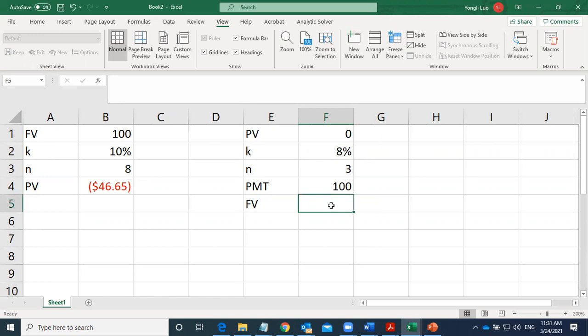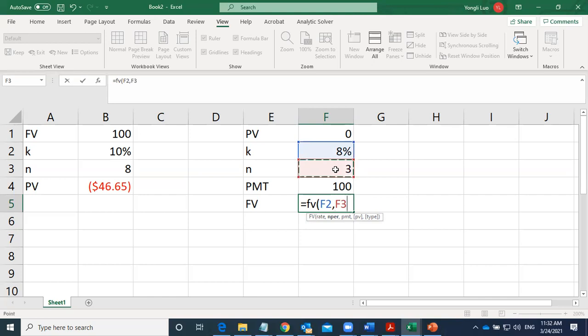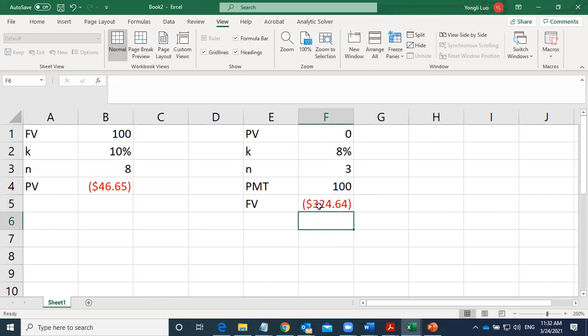So you use the future value function: 8%, number of periods 3, payment 100, present value 0. You can choose 0 or just type 0. And you close the parentheses. 324, right? Exactly the one you got using the formula.